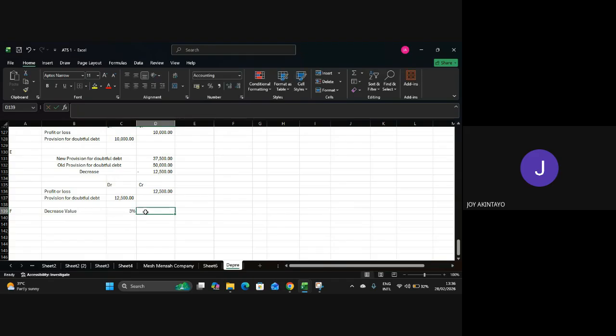So we say equal 3% times. What is the value of our trade receivable, please?